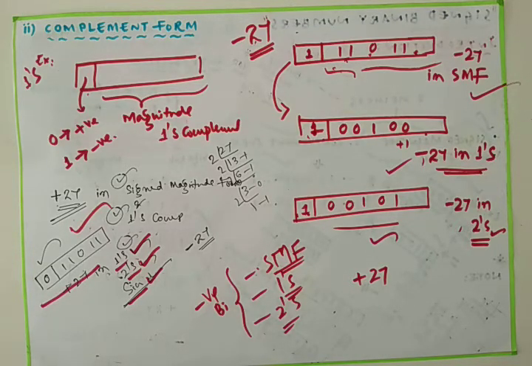Whereas if we represent positive binary numbers in sign magnitude form, one's complement form, and two's complement form, the answer remains the same. So we use one's complement form, two's complement form, and sign magnitude form particularly to represent negative binary numbers only. So this is about signed binary numbers.